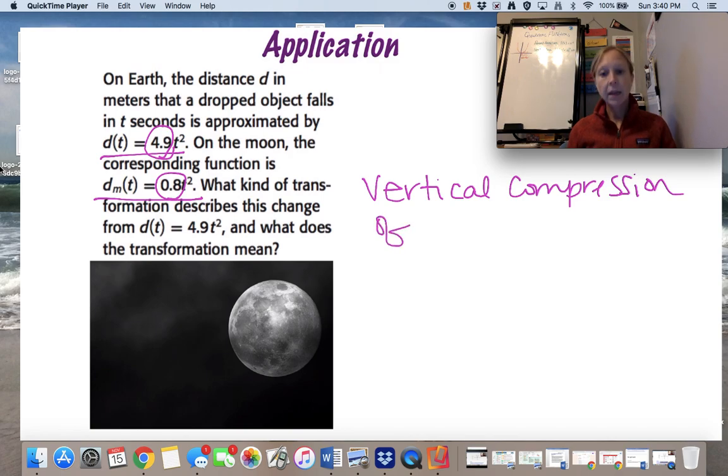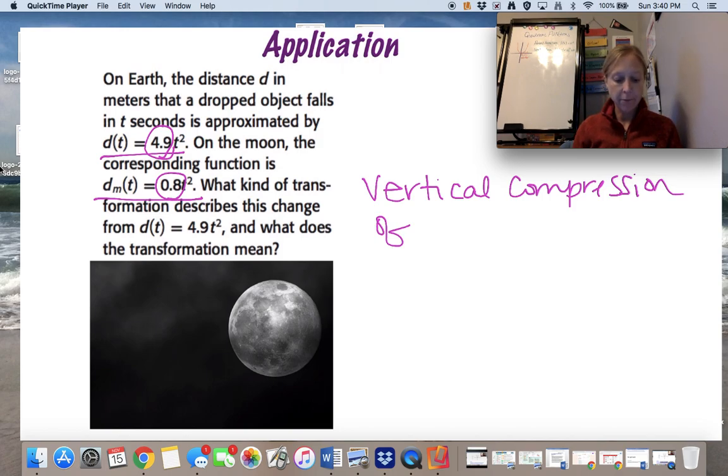of, and now to figure out what it's being compressed by, we can divide 4.9 divided by 0.8. And I get 6.125. Wait, 6 is greater than 1. It's being divided by 6.125. Remember, a compression we always write in fraction form.